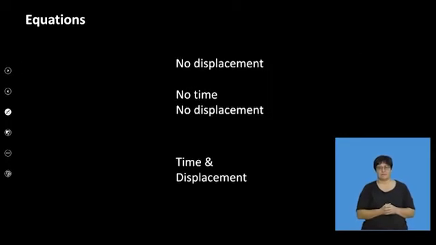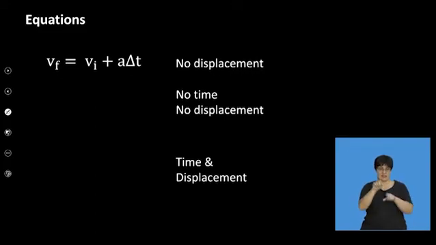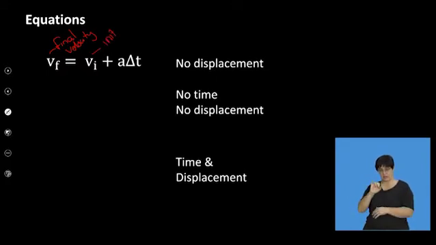Then, of course, we've got our equations. The first one is Vf equals Vi plus a delta t. Remember, Vf is final velocity. Vi is initial velocity. a is acceleration.